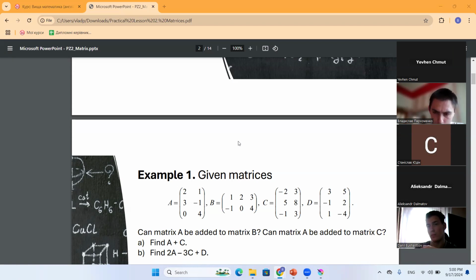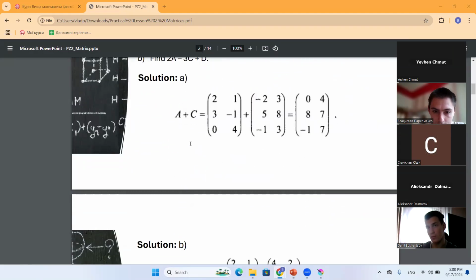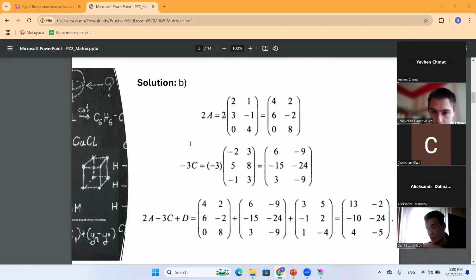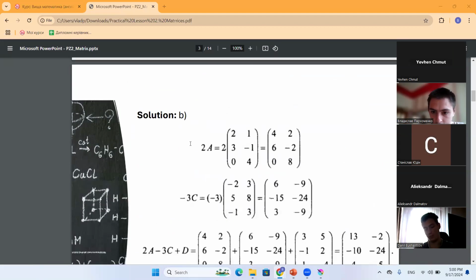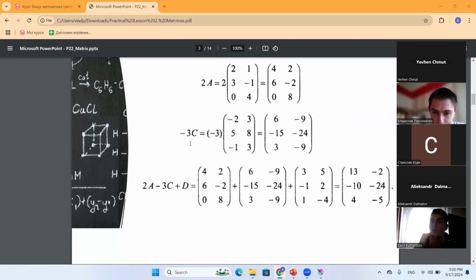By the way, what is the element on the second row and the second column? Minus 24. Yeah, correct. So it was quite easy, and the answer is correct.